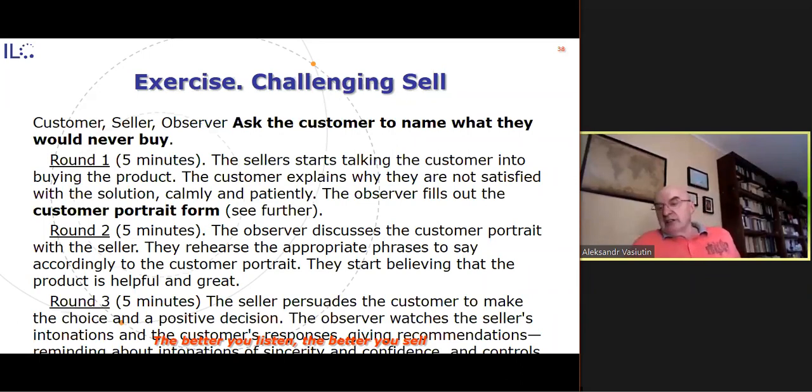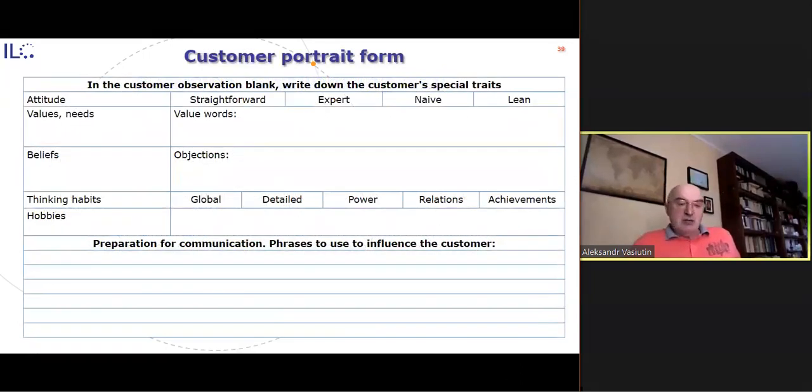And then there is a portrait of a customer's profile. So his life position, whether he's straightforward, expert, trustful, or reserved. Then the key words, these are value words, the beliefs that you cannot behave this way, and global or detailed, the man of power, relations or achievements, and some hobbies you may identify.